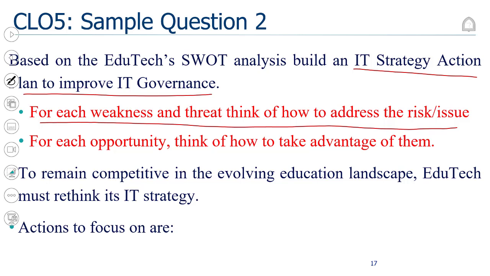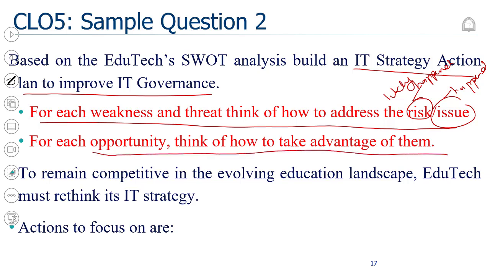Now, risk is very different from an issue. Risk has not happened, it is likely to happen. An issue is anything that has happened. For those of you who have done project management, you know the difference between the two. For each opportunity, think of how we could take advantage of it.